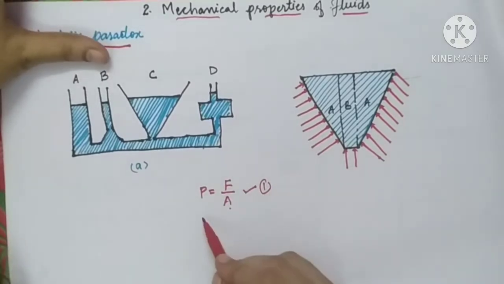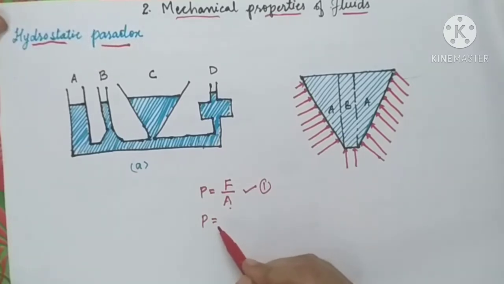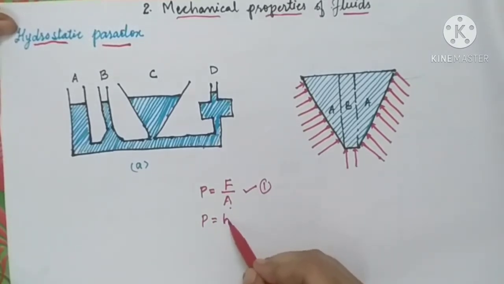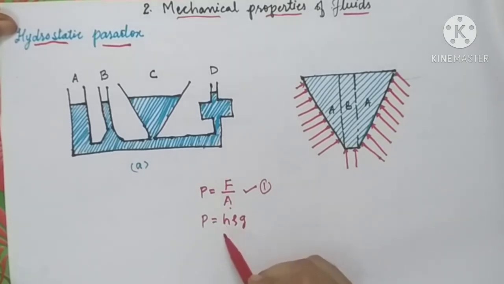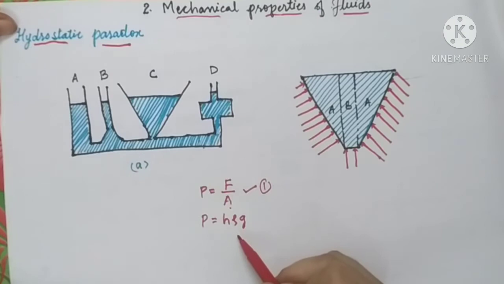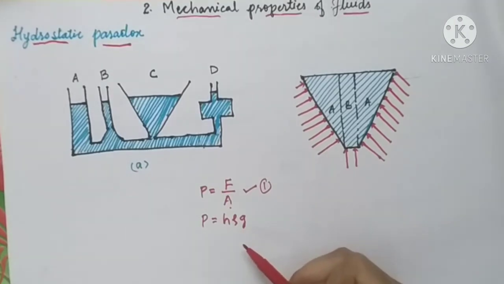Second thing, there is one more formula for the pressure exerted by a liquid, which is h rho g, where h is the height of the liquid column, rho is the density of the liquid or fluid, and g is acceleration due to gravity. If you have taken only one type of liquid, then density will be constant.